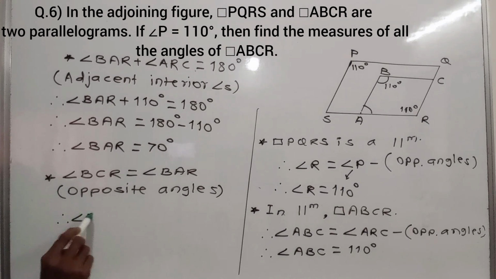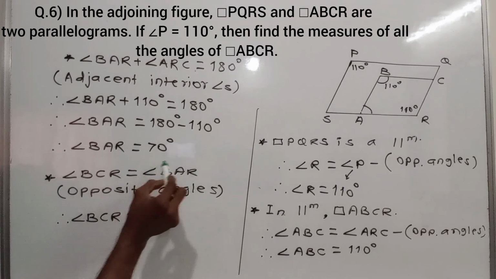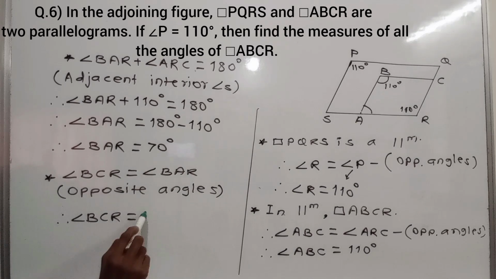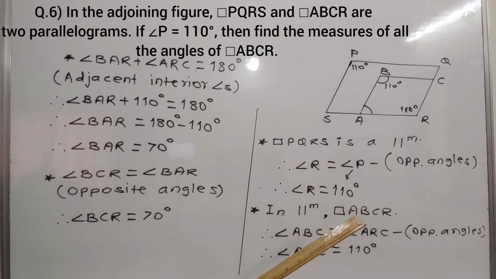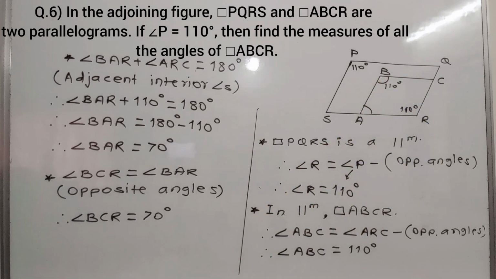Therefore, angle BCR is equal to 70 degrees. These are the measures of angles A, B and C of parallelogram ABCR.